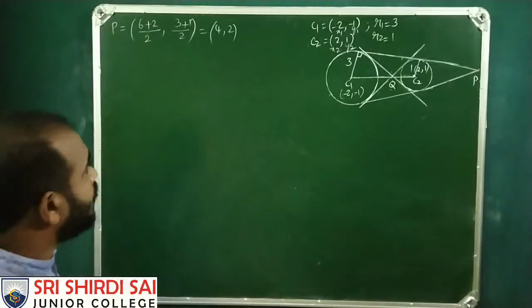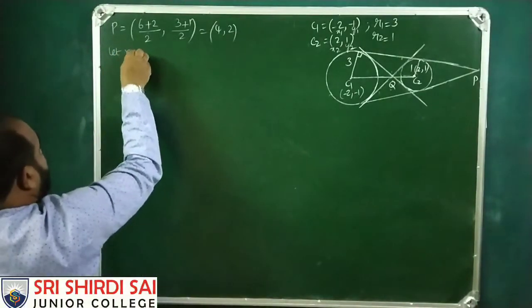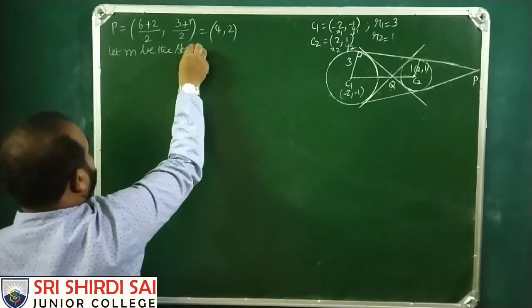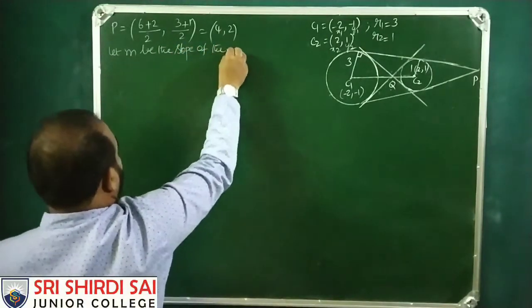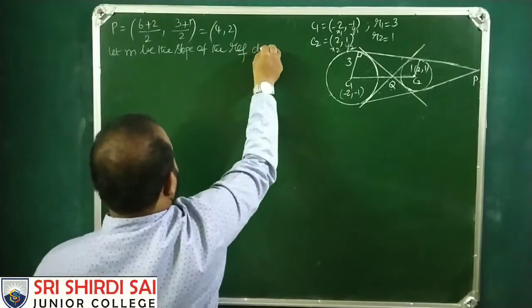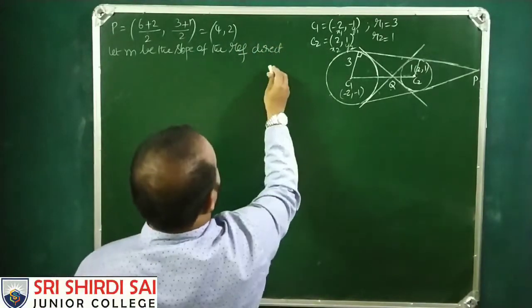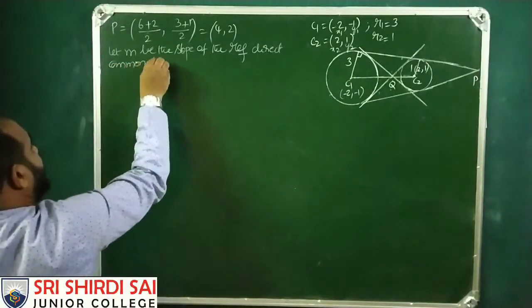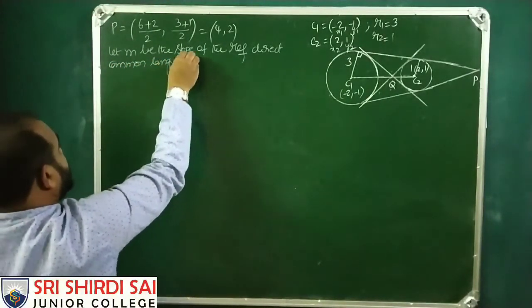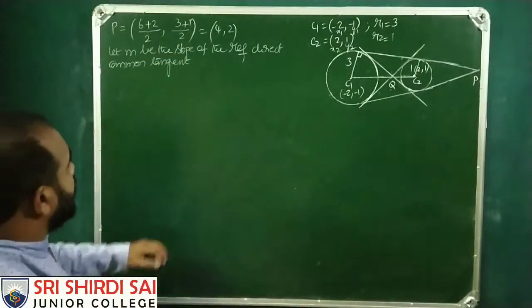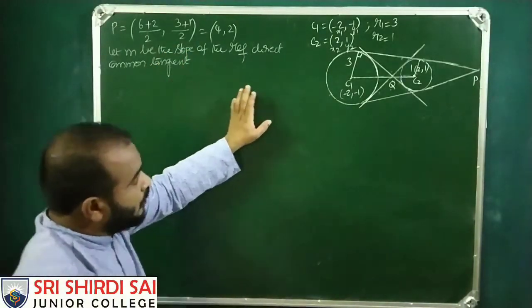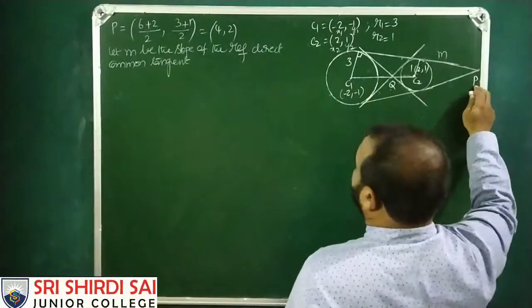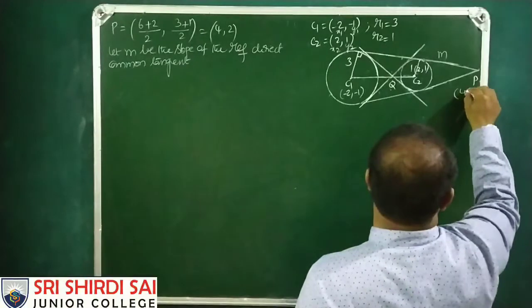So let us suppose that M is the slope of the required direct common tangent, and it is passing through 4 comma 2.